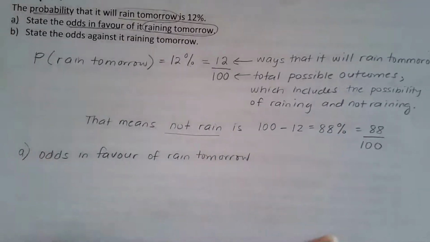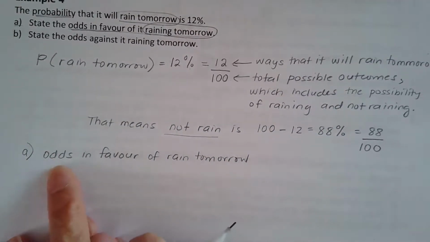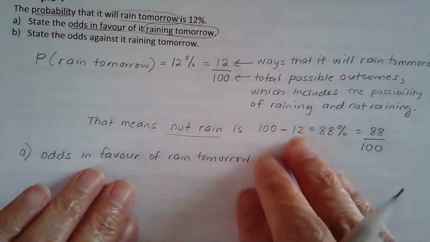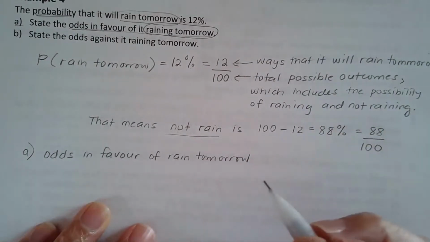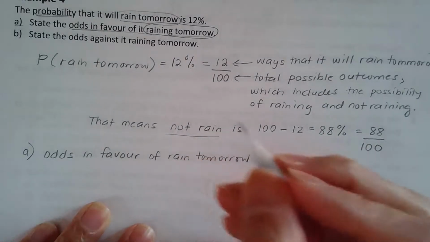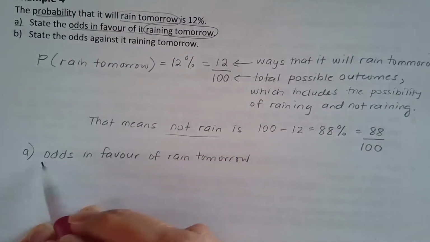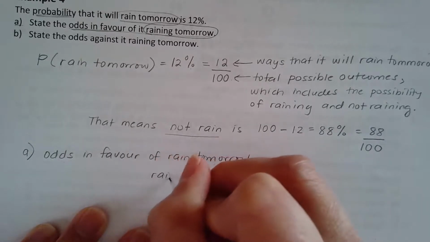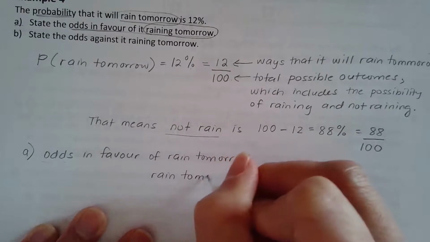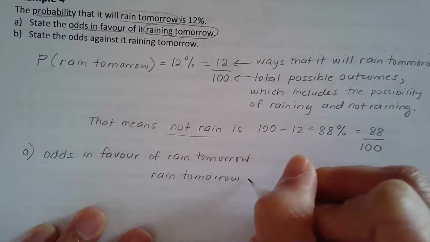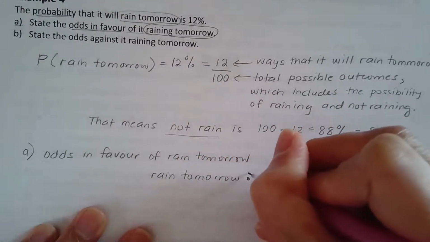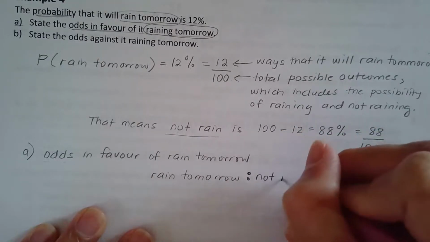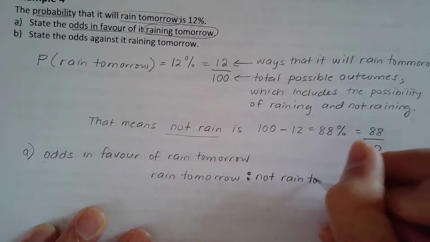Okay, so because we're talking about odds, odds is a comparison. So we're going to compare one number here and another number in here. And what are the two numbers that we're going to compare? Rain tomorrow, and what are we going to compare it with? The opposite, so not rain tomorrow.